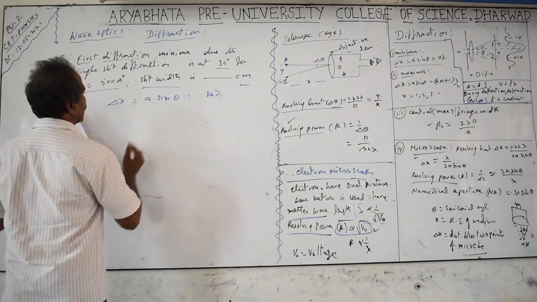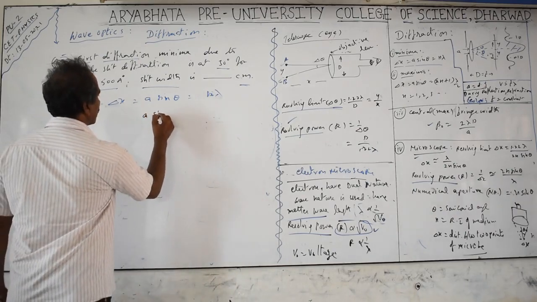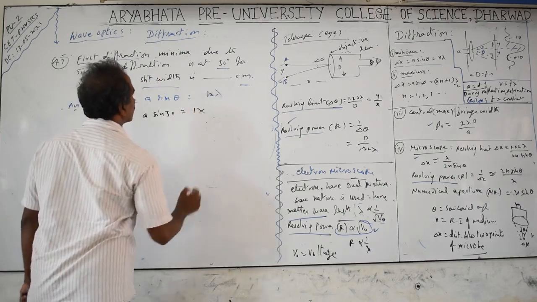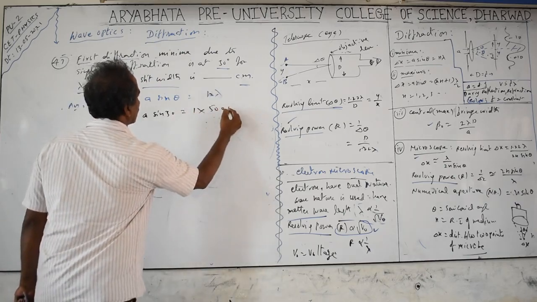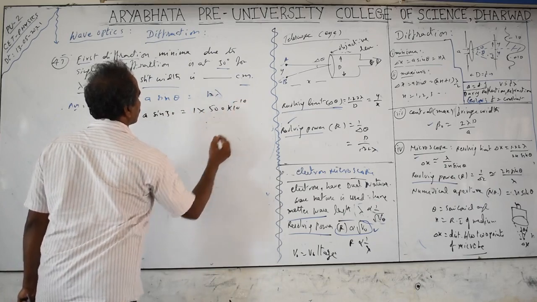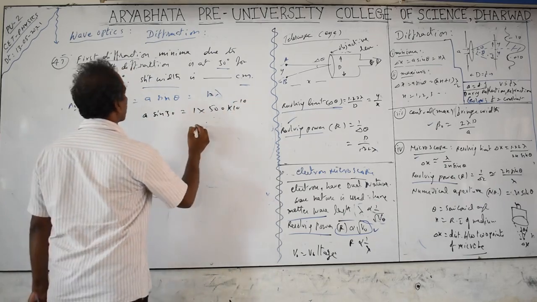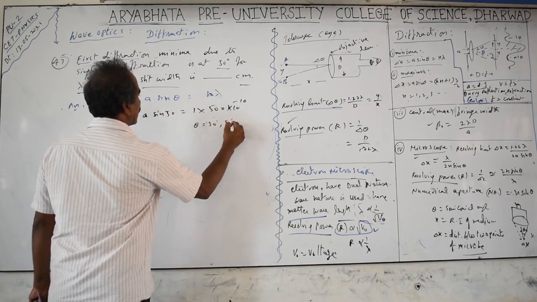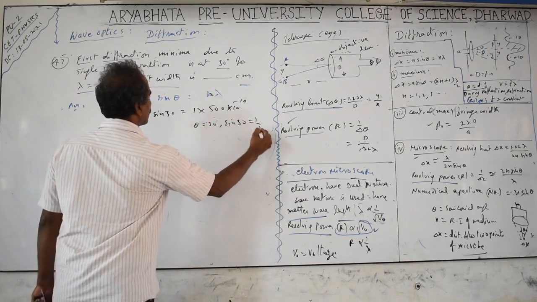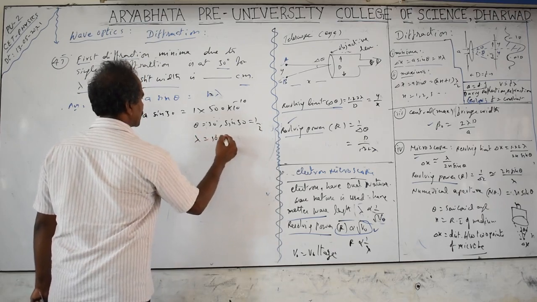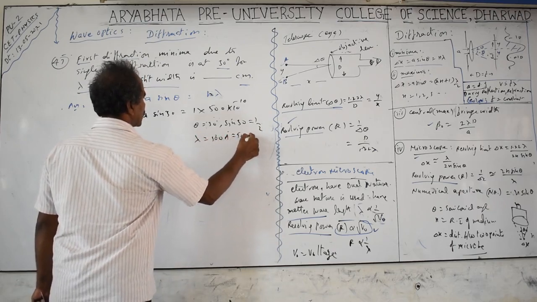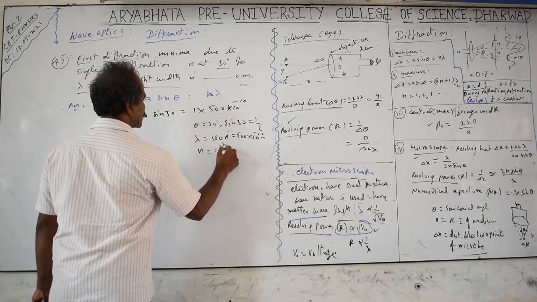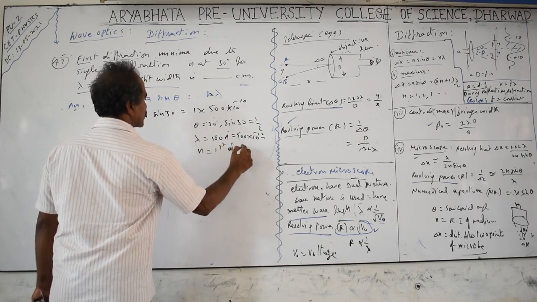You are asked to find A. So A into sin 30, with n equal to 1, into lambda, which is 500 angstroms, 500 into 10 to the power of minus 10 meters. Sin 30 is equal to 1 by 2.